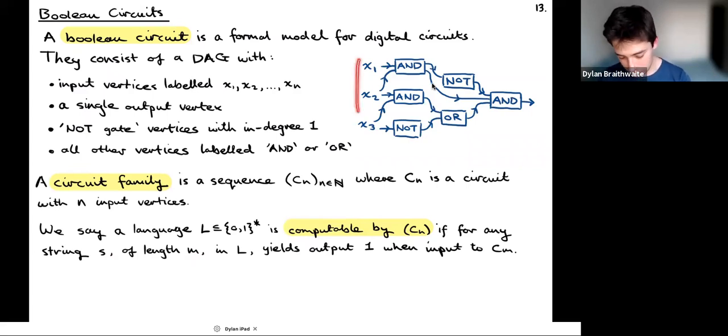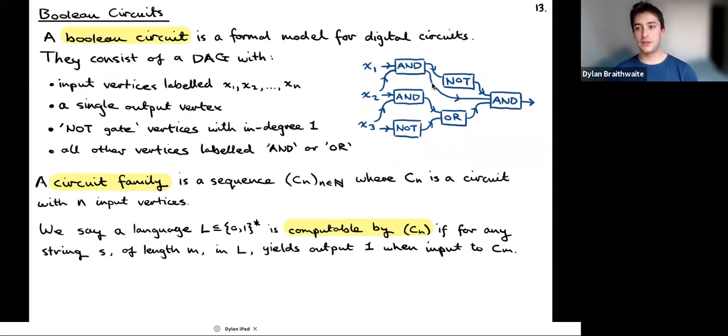You input it in here just as the first bit goes to x1, second bit to x2, etc. And if it outputs 1, then we say that that circuit family has accepted that string.